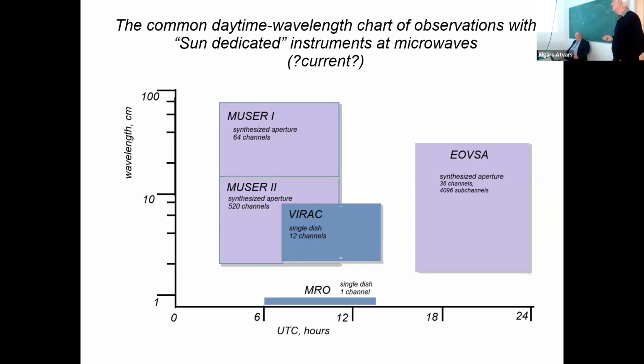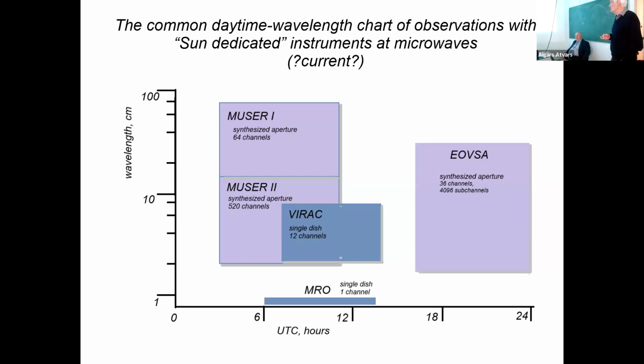Actually, now we have two big instruments. In the Eastern Hemisphere, the abbreviation is MUSER. Its instrument is located in Inner Mongolia in China, and Mingan-2 solar radio telescope. And another instrument in the Western Hemisphere is the American instrument EOVSA, Extended Owens Valley Solar Array, as I remember.